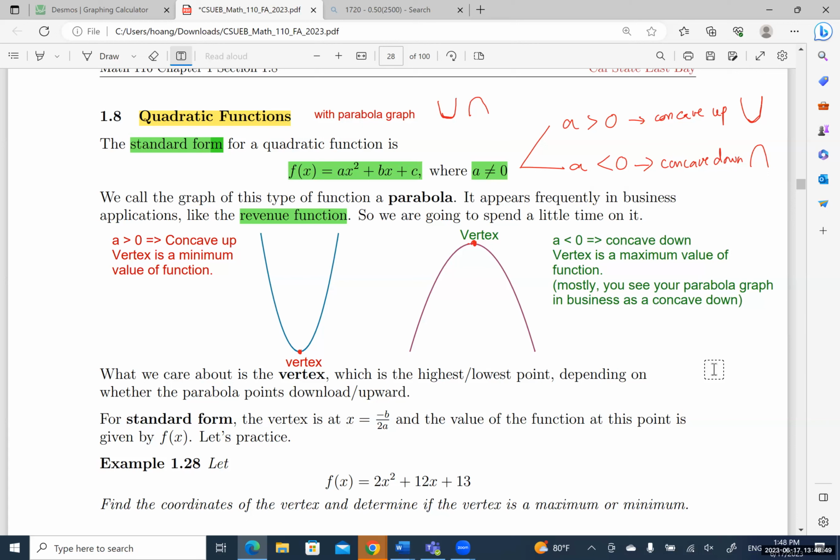So as you see in revenue functions, mostly it is a parabola opening downward, right?